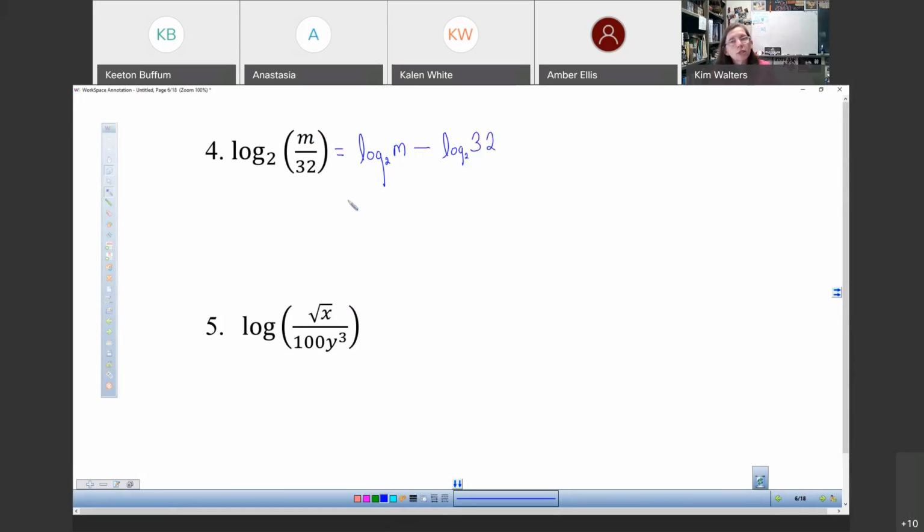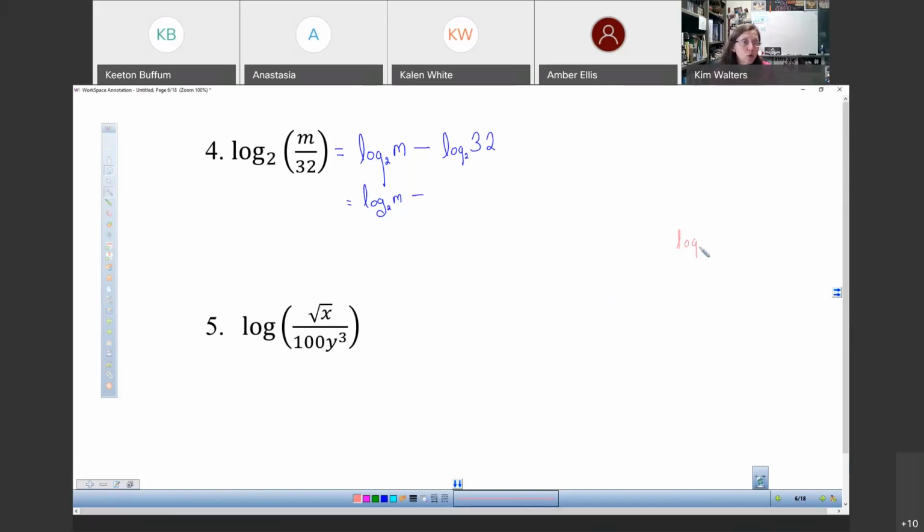Okay, so this log base 2 of m, I just can't do anything with that because it's got this variable here and there's just no way to simplify it. However, log base 2 of 32, I can simplify. And if you recall, I'm going to come over here to the side. This is what we did yesterday.